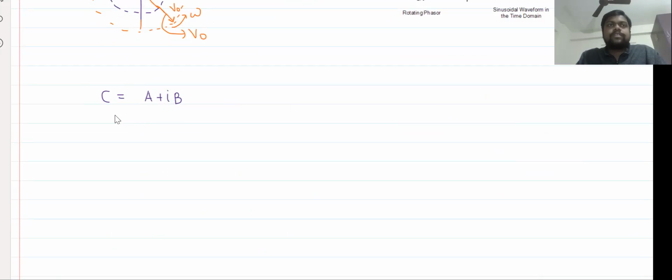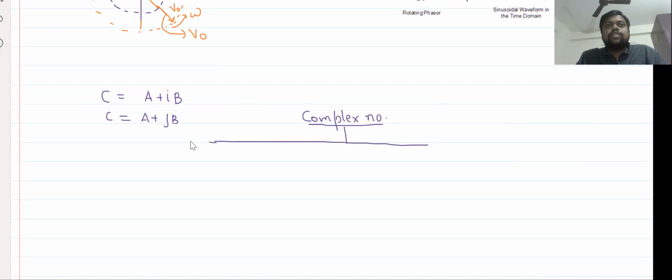Generally in physics, since i we use to represent current, instead of that we write j here: A plus jB. So basically a complex number can be represented in three ways. This is all a part of mathematics, so briefly I am telling you.